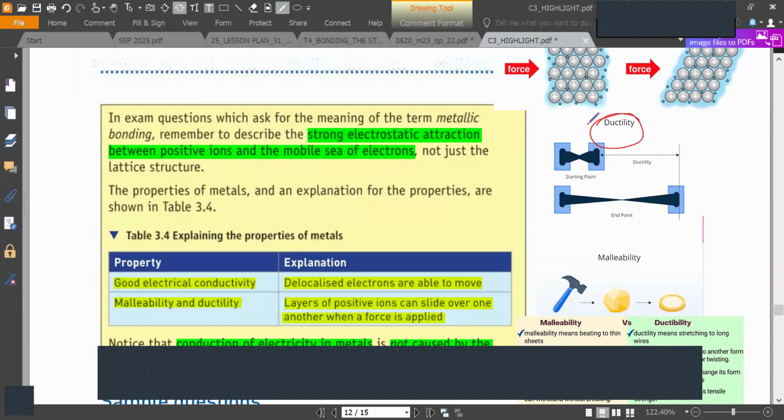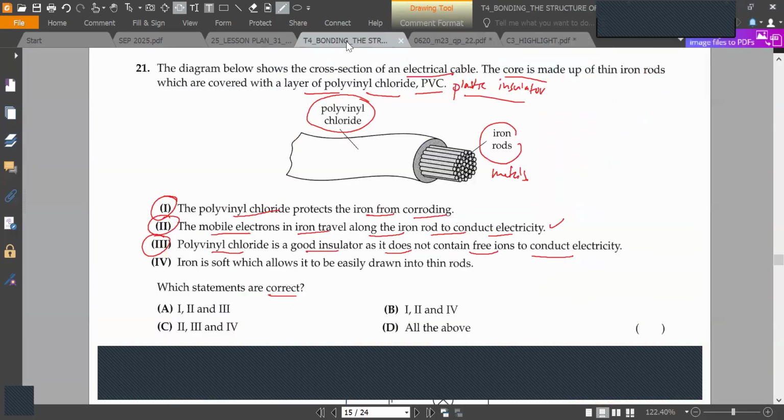So this characteristic is what we call ductility. The correct terminology is not soft, it is ductility. So the correct statements are 1, 2, 3.